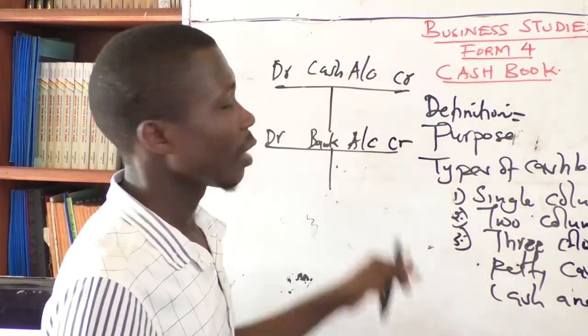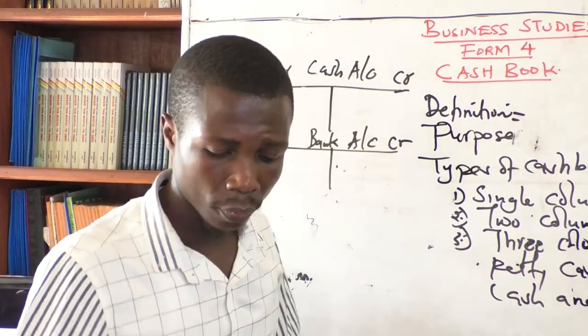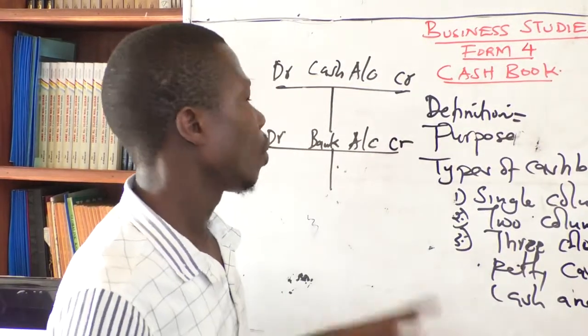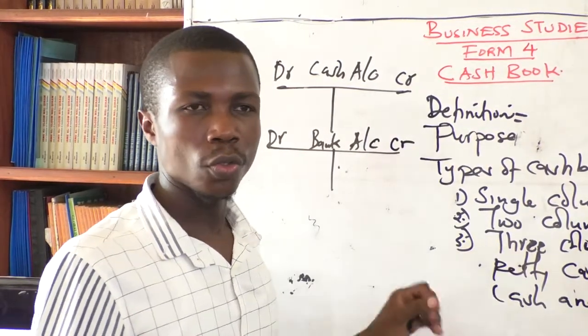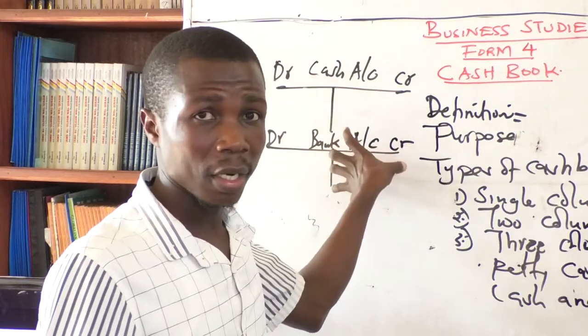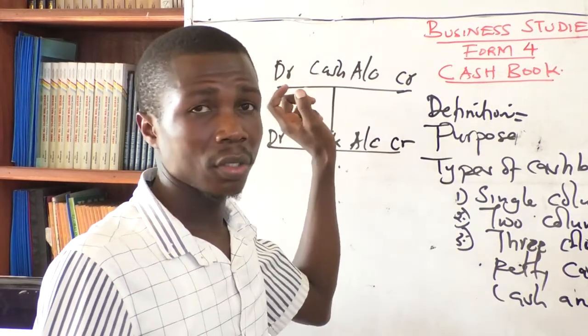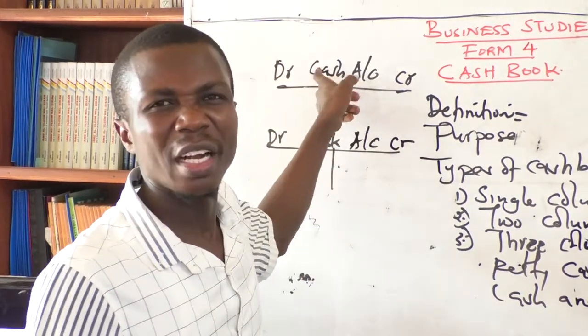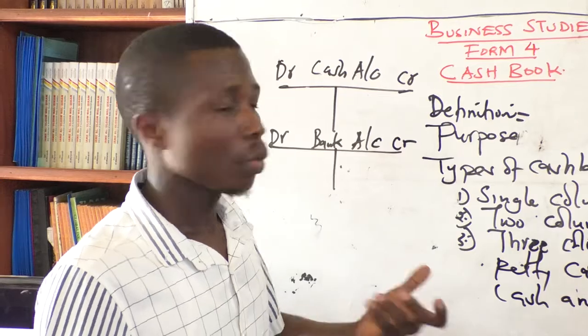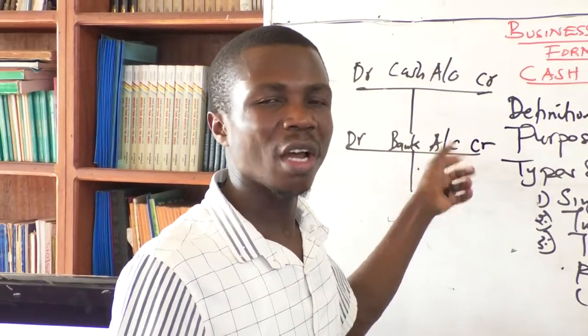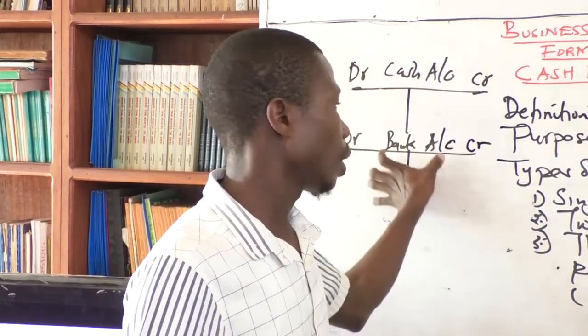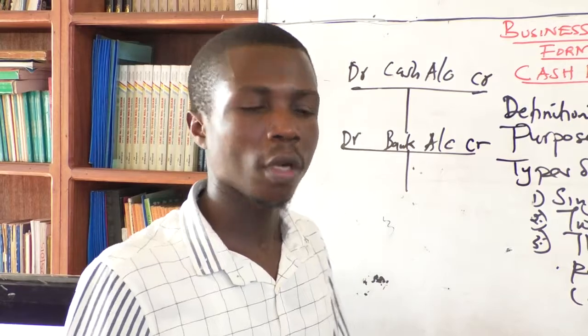So this is a single column. When they ask you to prepare a cash book, what you have to do is draw the bank account and draw the cash account, or you can say the cash in hand account. This one you can say cash at bank account, and you record the transactions. That's the single column cash book.